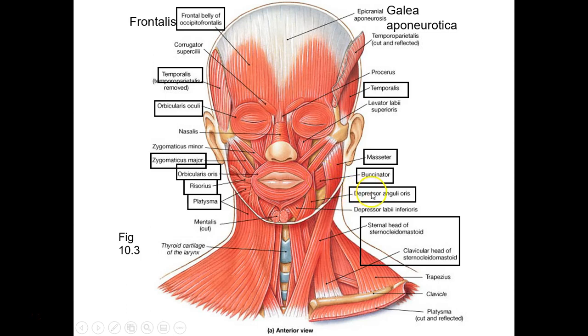Okay. Depressor anguli or anguli, I've heard it pronounced both ways. Oris, just spell it right. That is going to cause you to frown. Okay. So it's going to pull the corners of the mouth downwards. Okay, so there's those. Okay, the risorius.